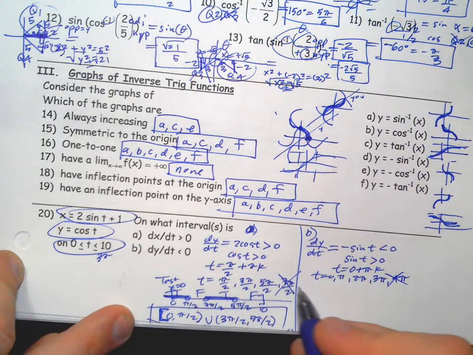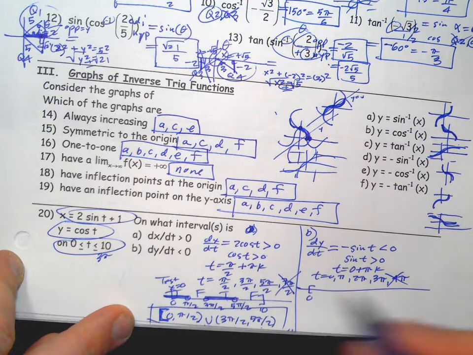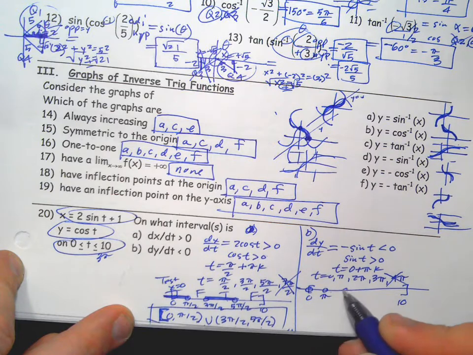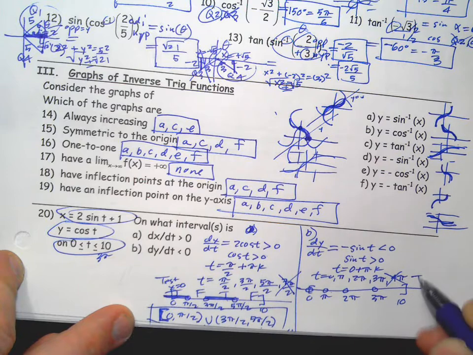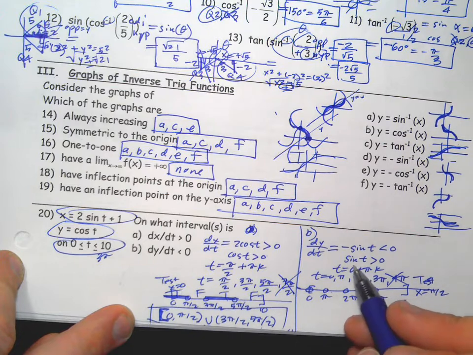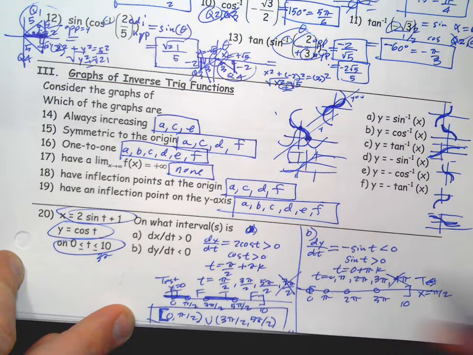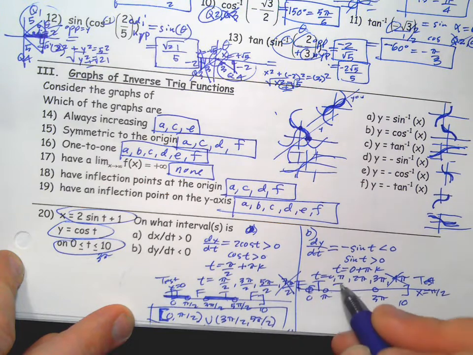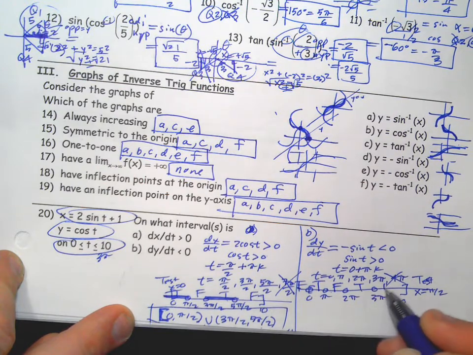So then we do a line check, 0 to 10. These are open dots. Open dot 0, open dot pi, 2 pi, 3 pi. Test a value, tell me what you're testing, t equals pi over 2, sine's 1, which is true, true, false, false, true, false.